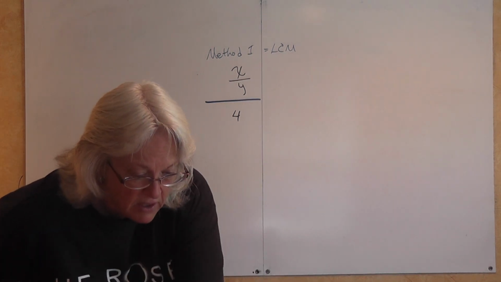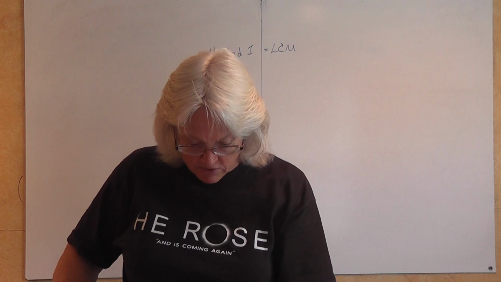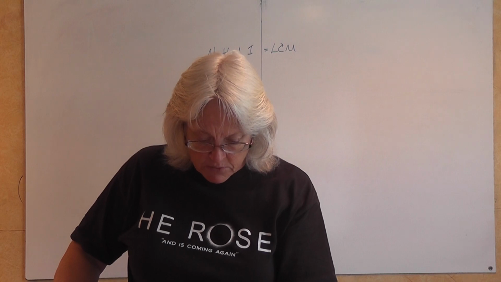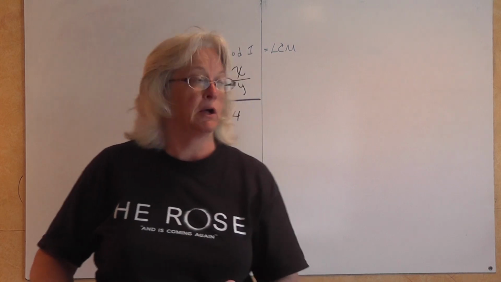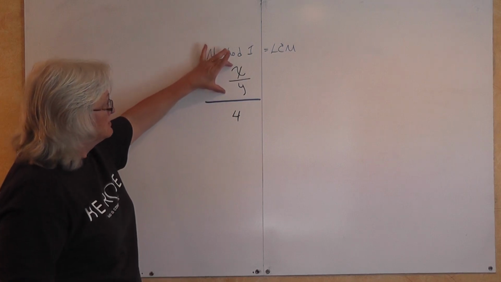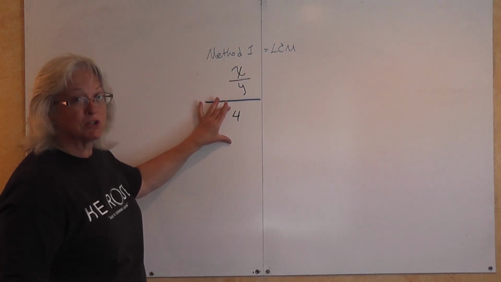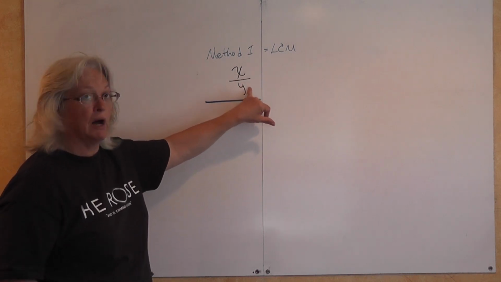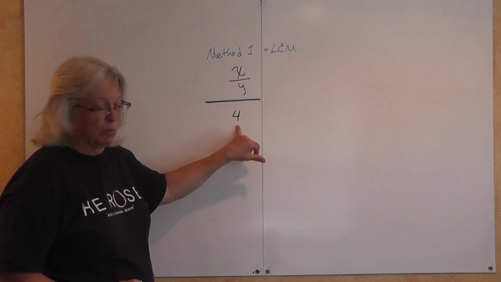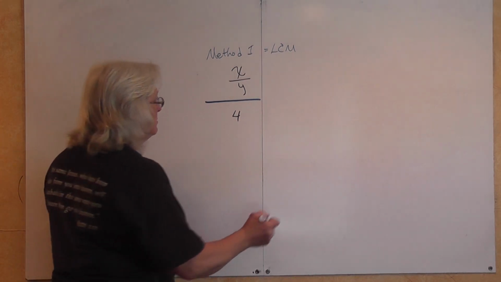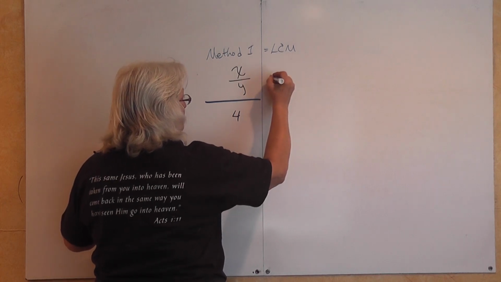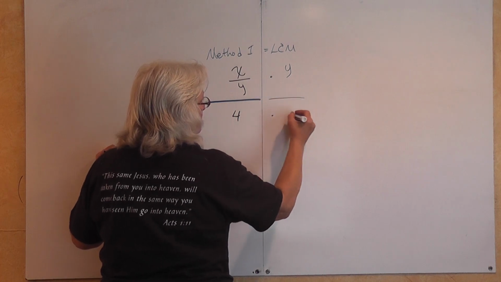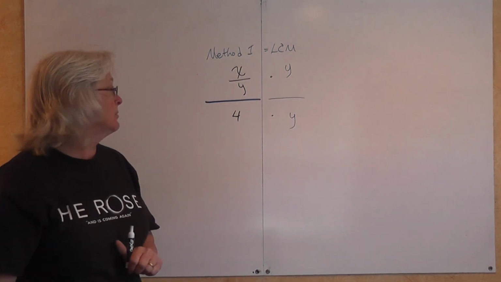The way that your book describes this, it's find the least common multiple of the rational expressions in the numerator and the denominator. What is the least common multiple of this expression and this expression? Well, the least common multiple here is going to be simply y, because 4 is just 4 over 1. So we're going to multiply the numerator and the denominator by that least common multiple.